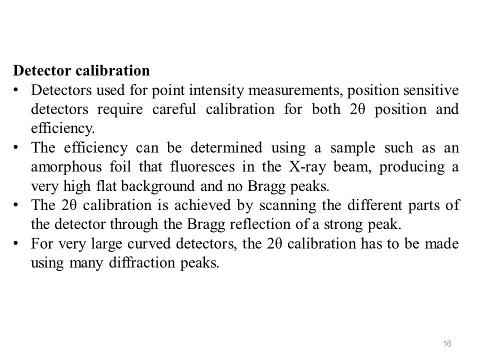For example, iron in a beam of copper K alpha radiation, producing a very high flat background and no Bragg peaks. The 2 theta calibration is achieved by scanning the different parts of the detector through the Bragg reflection of a strong peak, for example, the silicon 111 peak. For very large curved detectors, the 2 theta calibration has to be made using many diffraction peaks.